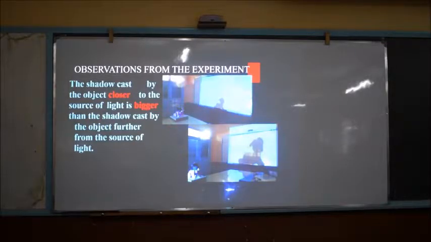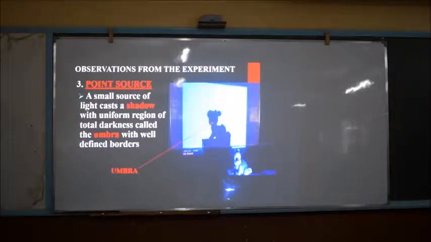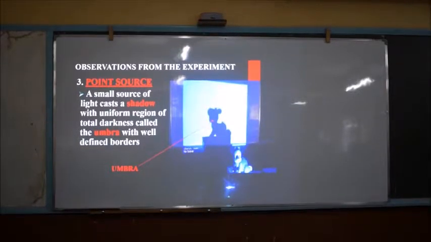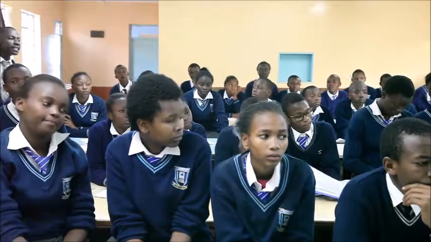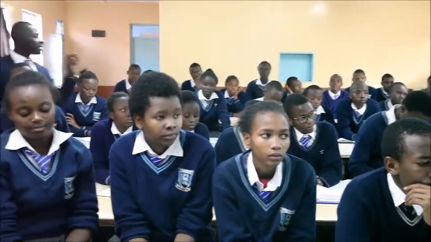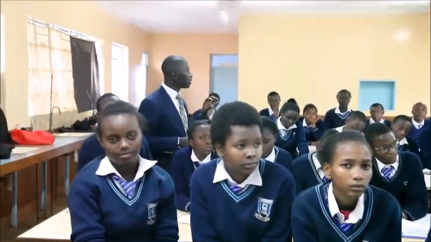And finally, the point source gives us a shadow that has uniform darkness. The shadow cast by a point source with uniform darkness, we call it the umbra. So an umbra is simply a part of the shadow that has total darkness or uniform darkness.